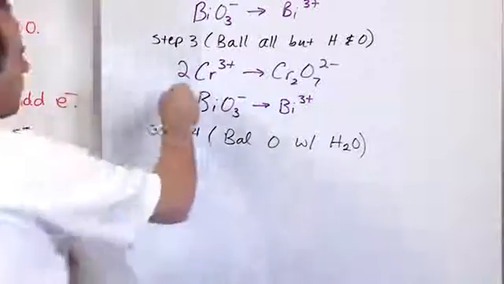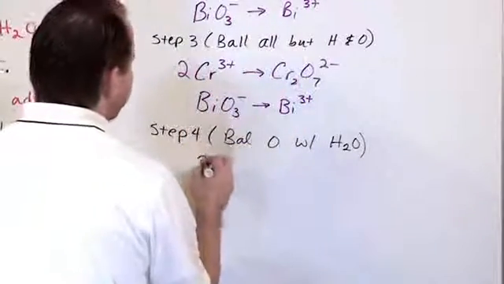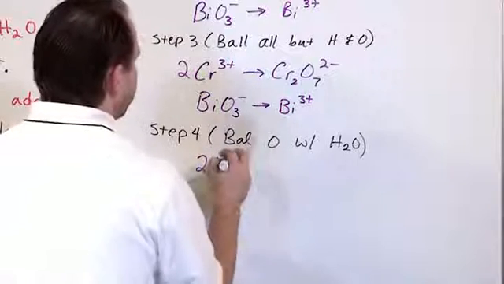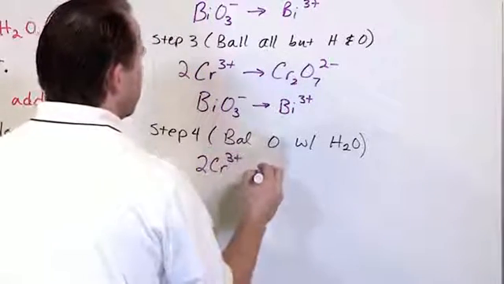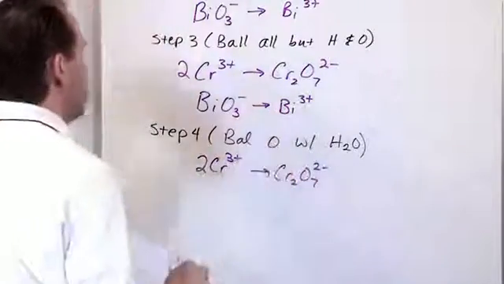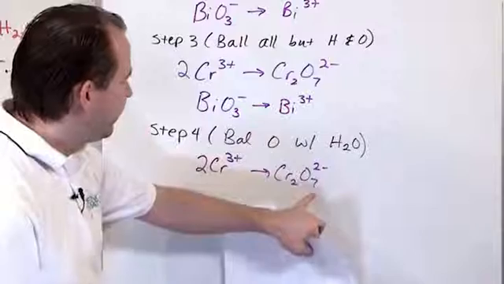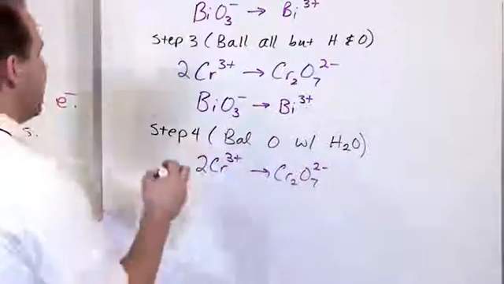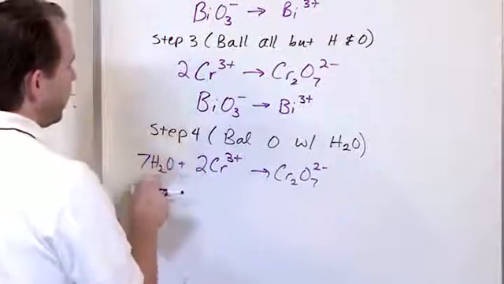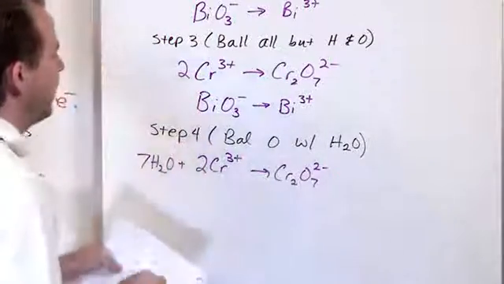So then we look at this. We know we're going to have to do something with the top one. So we do 2 Cr3+ right here goes to Cr2O7 2-. Here we have 7 oxygens over here. So in order to balance that, we need to place 7 waters to balance these guys over here.